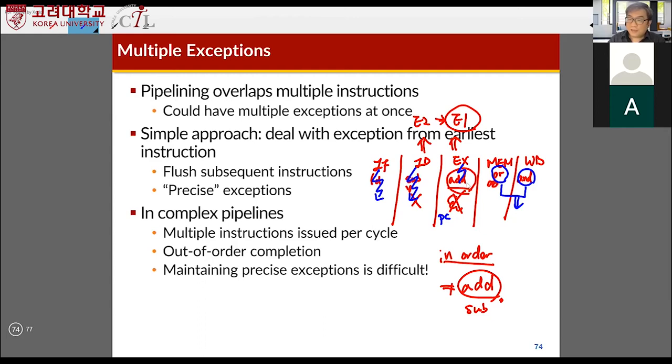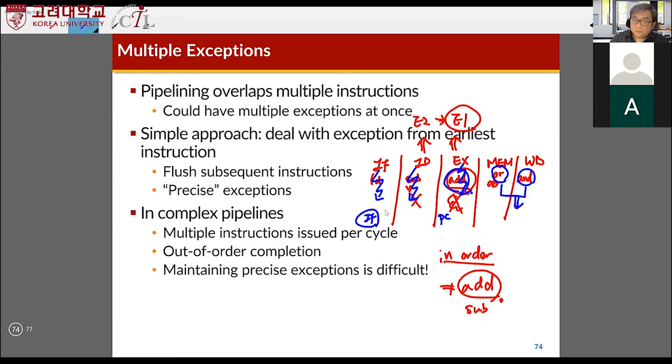Also, this add instruction is cancelled, and then the exception handler code is called in the instruction fetch stage, and then the handler code completes its execution. Then we return to this add instruction, the original instruction.